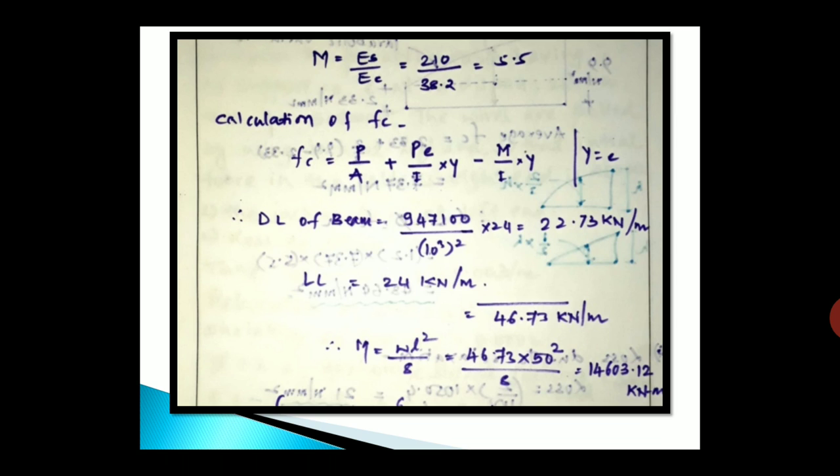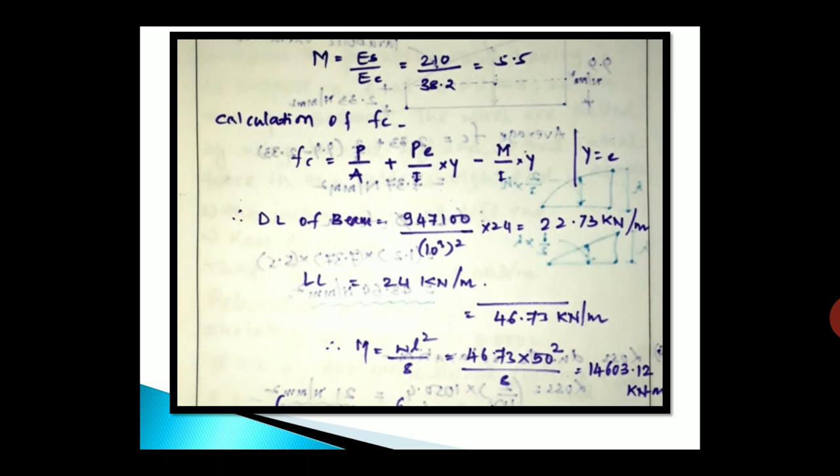Total loading we get as 46.73 kilonewton per meter. Therefore bending moment will be WL square by 8, which comes out to be 14603.12 kilonewton meter. This part we have solved n number of times in the previous topic examples.